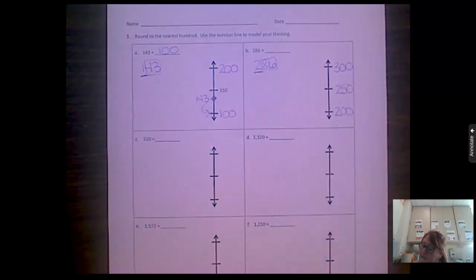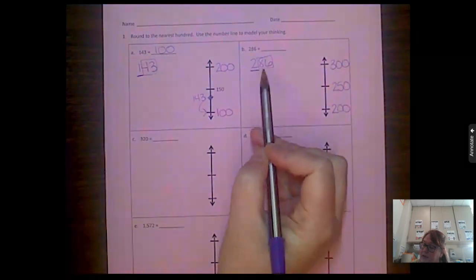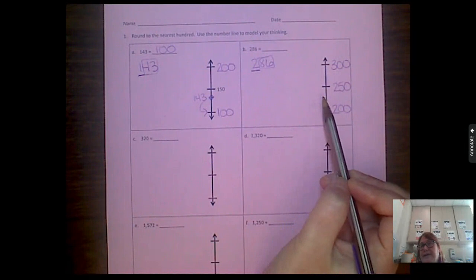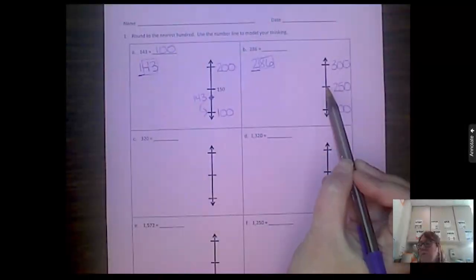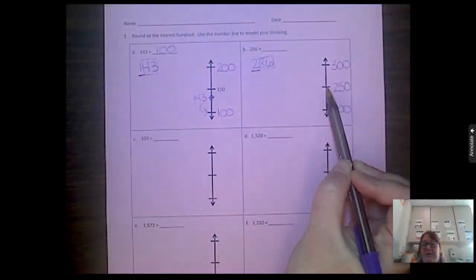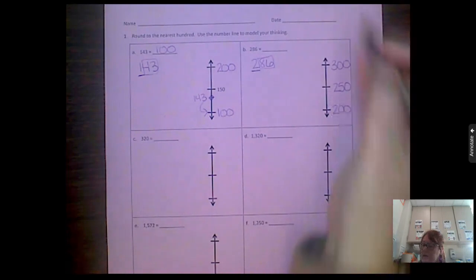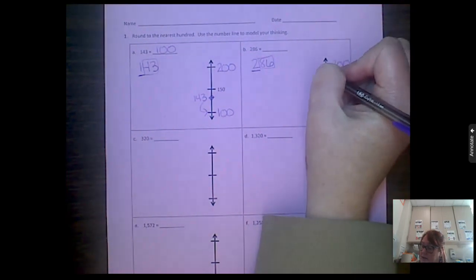All right, and now we want to plot 286 on our vertical number line. So if we think 286, is that more than 250? Or is that less than 250? It's more, right? So I'm going to stick that right about there, put a point there, and I'm going to fill in 286.